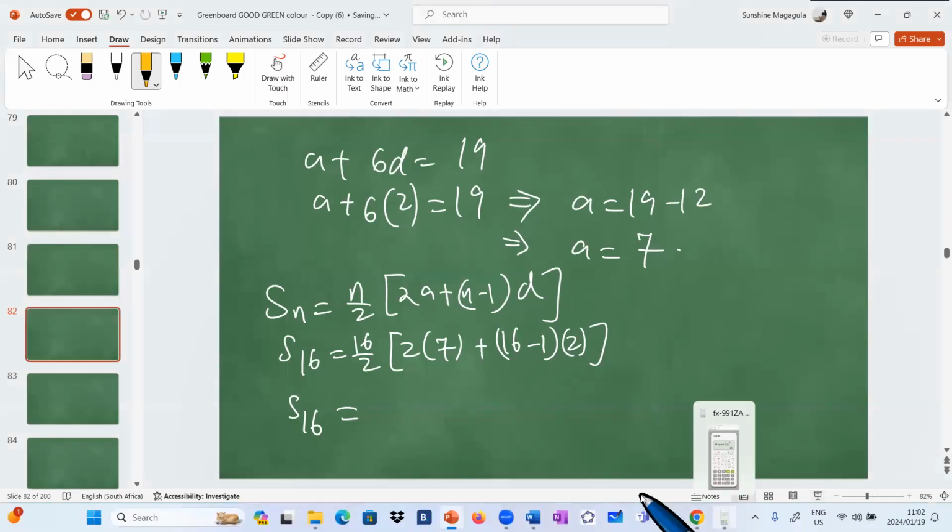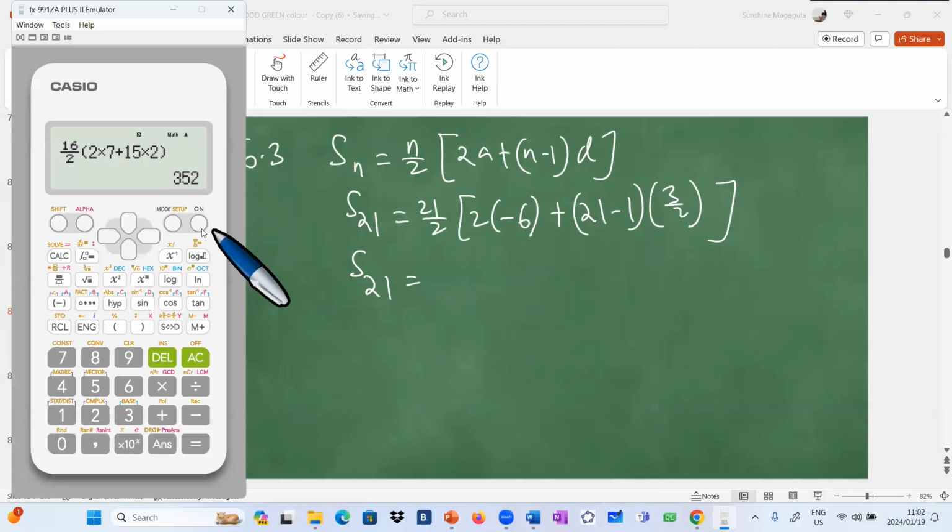Let's use a calculator. It means that you have 21, 2 into minus 6. The answer is 189.